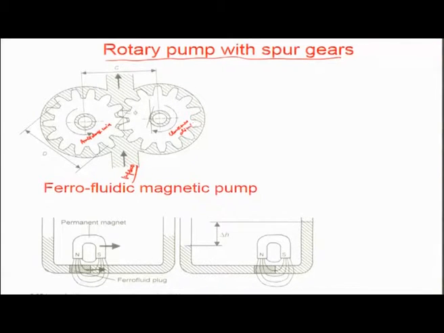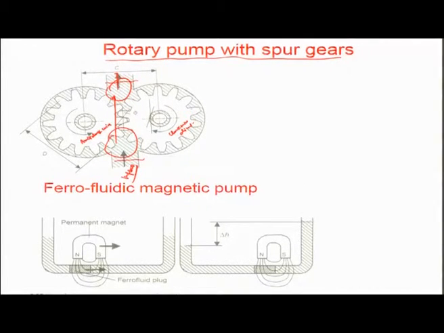Obviously the fluid would be transported from this end to the outlet side here, and the velocity would be increased because these teeth of the spur gears would act as paddles and push the flow forward and create more velocity as the fluid goes from the inlet end towards the outlet end, and so therefore there is a pumping mechanism based on it.